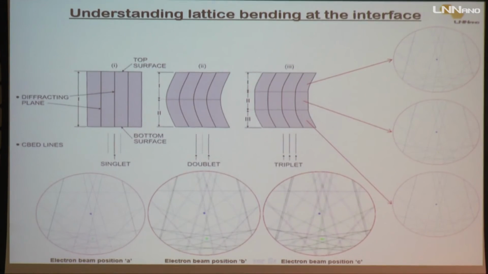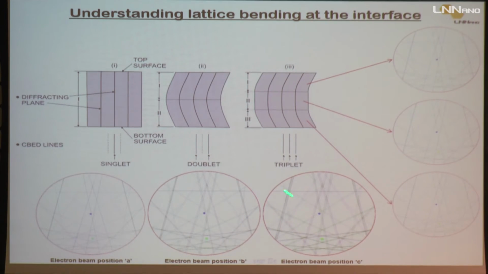How do we simulate the patterns? This is the way. When the electron beam is at position A, we get the sharp Holsteins, and when the electron beam is at position B, the bent lattice can be considered as two different layers, one on the top and one on the bottom, and each layer gives one set of Holsteins. As the electron beam goes from top to bottom, we get two sets of CBD patterns overlapped on each other.